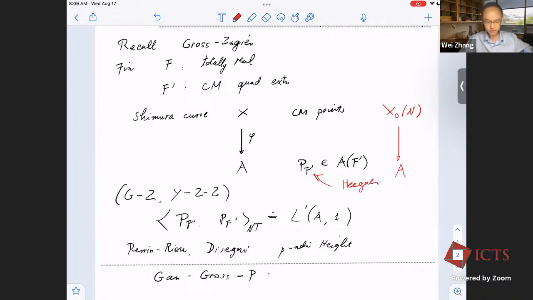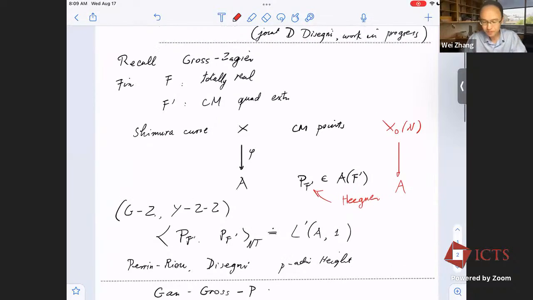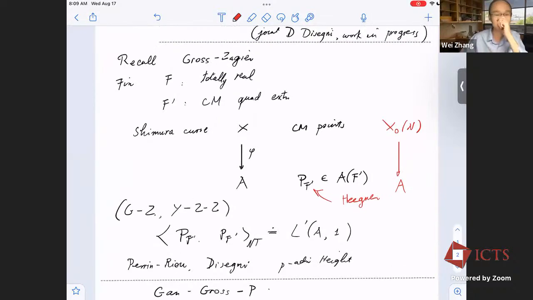Here it's more general in the sense that Gross–Zagier requires the so-called Heegner hypothesis. So you impose a condition on this quadratic field, and I think the condition is roughly that all the factors of the level N must split in the quadratic extension.